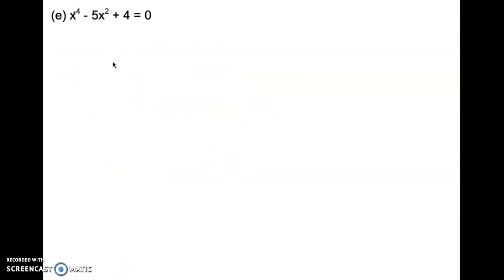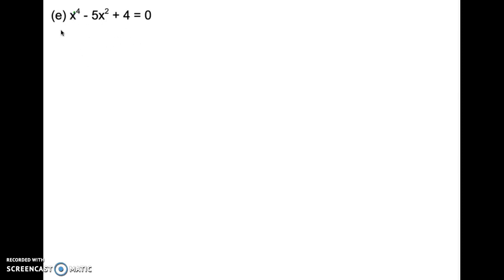For the next one, it's a quartic. You could use the factor theorem if you wanted, but there is an easier way to do this. It does look like a trinomial, except that the exponent on the first x is a 4, and the exponent on the second x is a 2 instead of a 1. But we can actually factor it like a trinomial because that middle exponent is half of the first exponent.